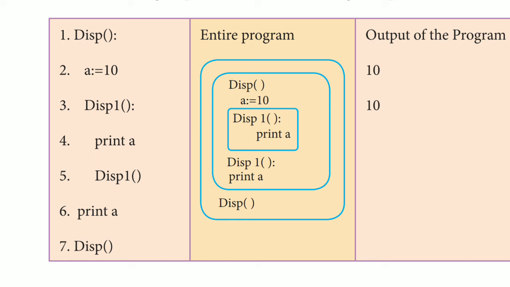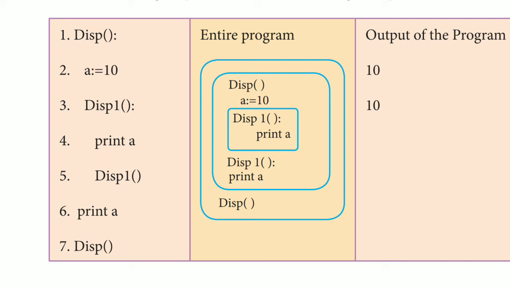Here we'll see an example so you can understand it better. disp is the function that consists of a is equal to 10, and inside this disp function they are creating another one, disp1. disp1 is another function inside a function. In that print a, they are accessing the value of a is equal to 10 from inside the nested function.